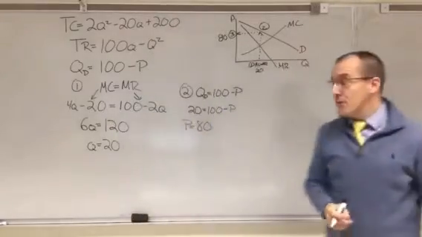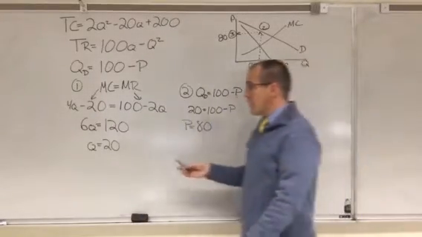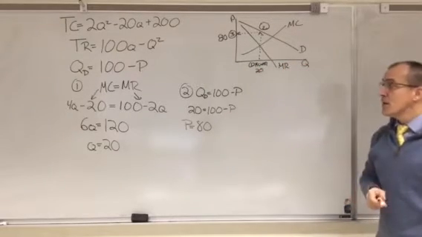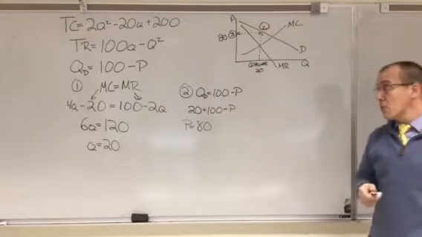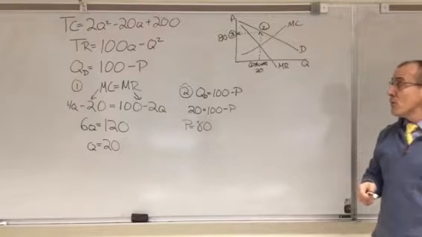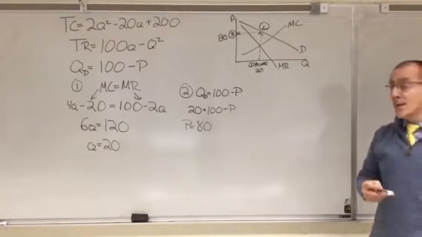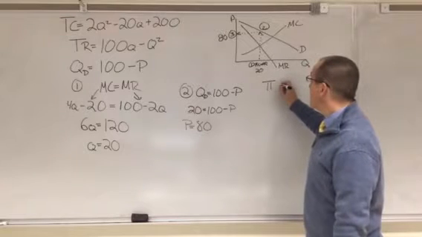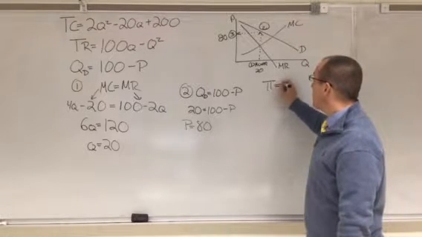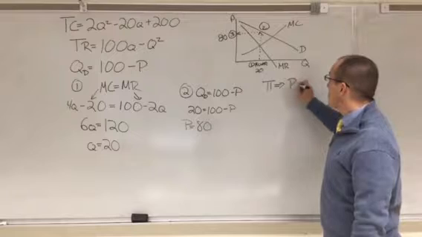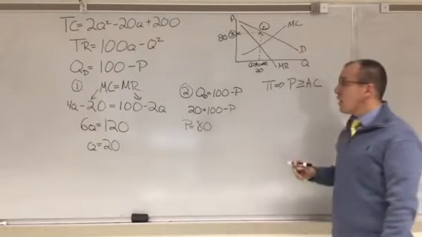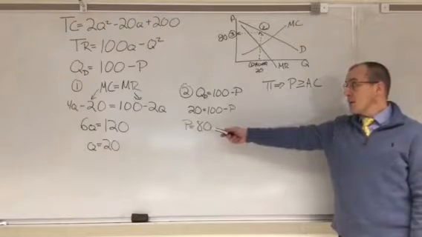So I now have my quantity and my price. The final thing I'd want to find out is whether or not this monopoly is making a profit. I'll find my profit by thinking about the relative nature of my price to my average cost. I have my price.